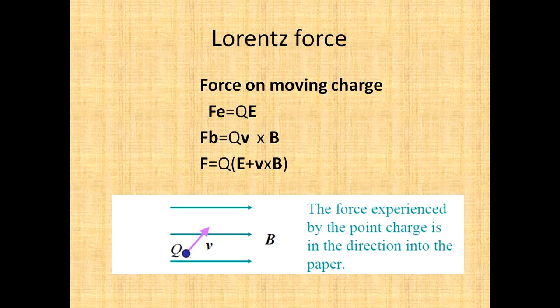Then the magnetic force is equal to Q into V bar cross B bar. Combining the electric force and the magnetic force, it is equal to Q into (E bar plus V bar cross B bar).